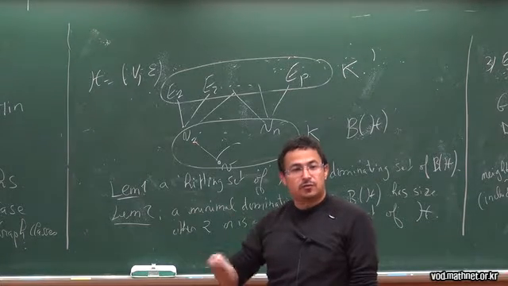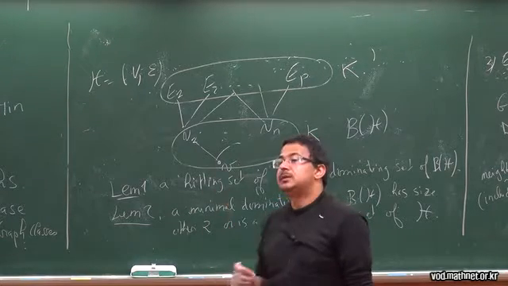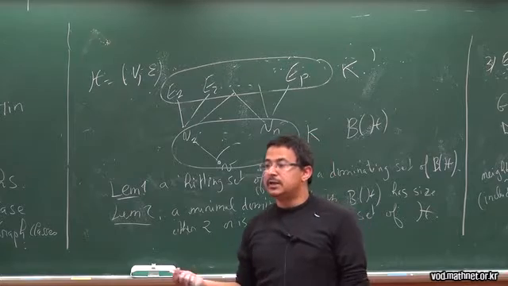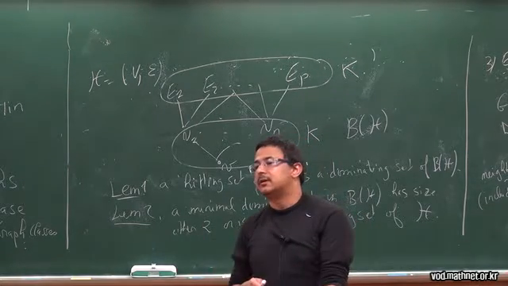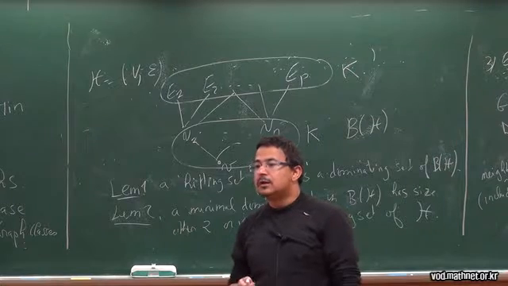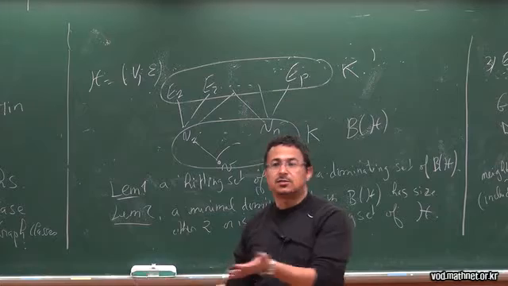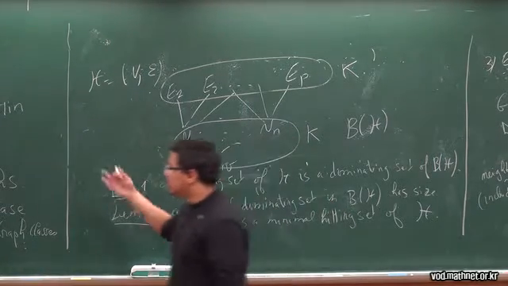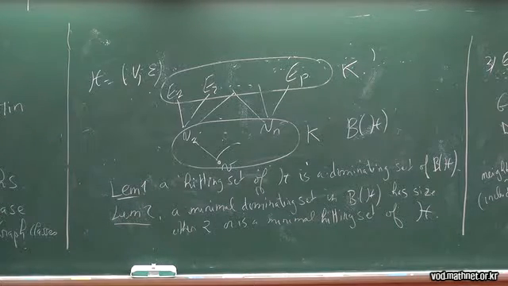A minimal dominating set, you can express it in a monadic second order formula. A dominating set says every other vertex either is in D or has a neighbor in D. This is first order. Now you should say that it is minimal, so you add that every subset is not a dominating set. Then it's a monadic second order formula, and if you have bounded width, you can enumerate in an efficient way.